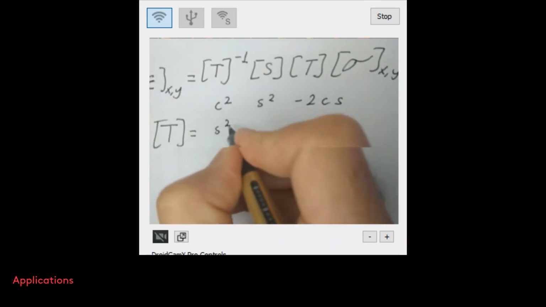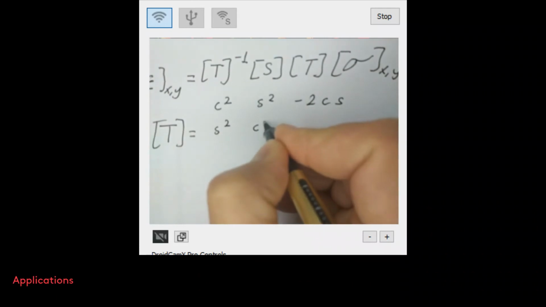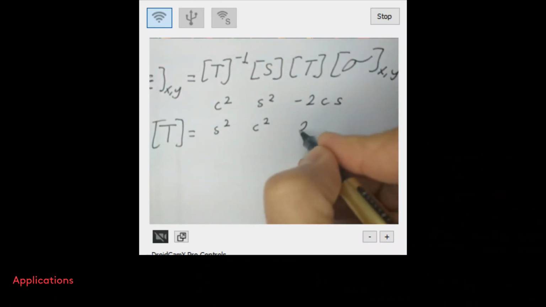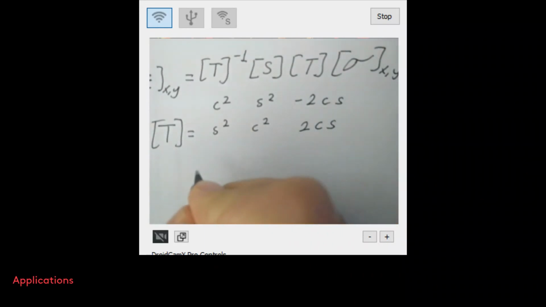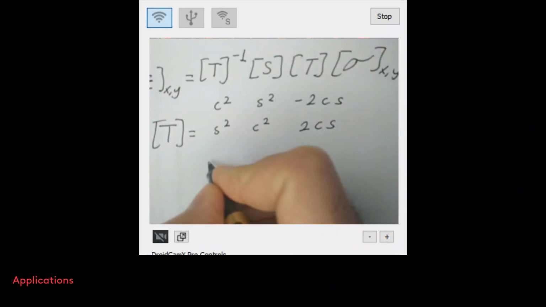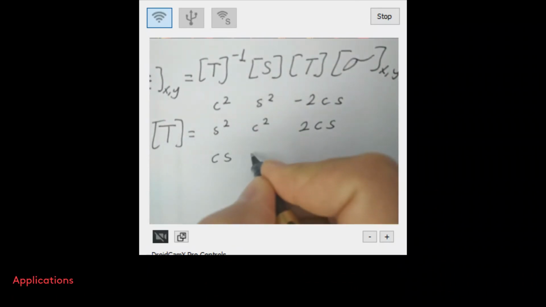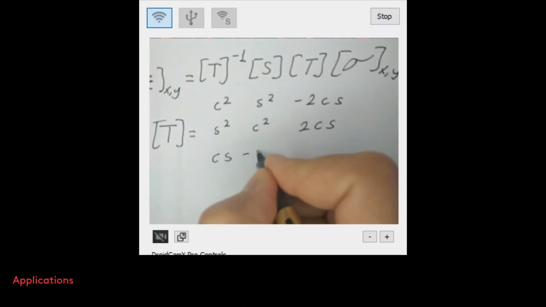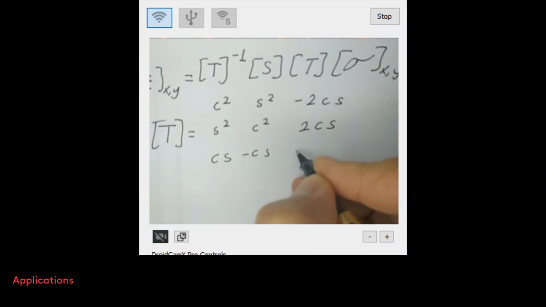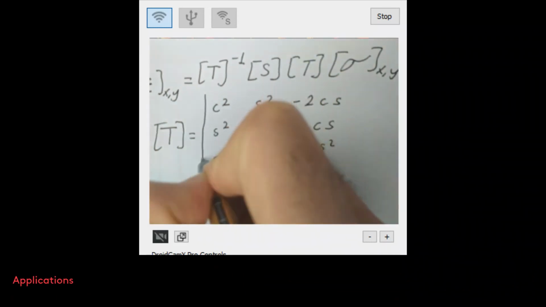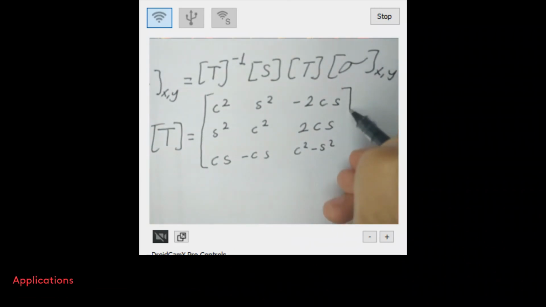Then this is s square, c square, 2cs, and then the last one is cs, cosine multiplied by sine theta, and minus cs and c square minus s square. So this is the transformation matrix.